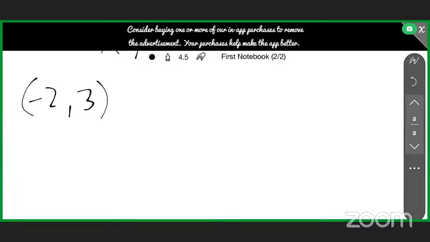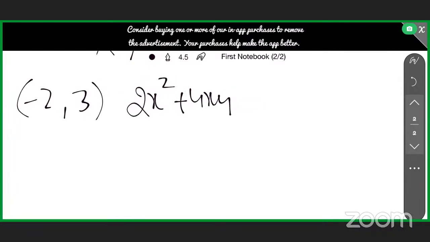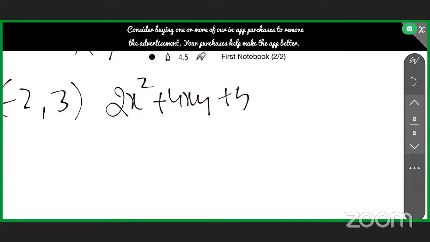When the axes are translated to minus 2 comma 3, then the transformed equation of the curve 2x square plus 4xy plus 5y square minus 4x minus 22y plus 7 is equal to 0. What will be the transformed equation of this curve?